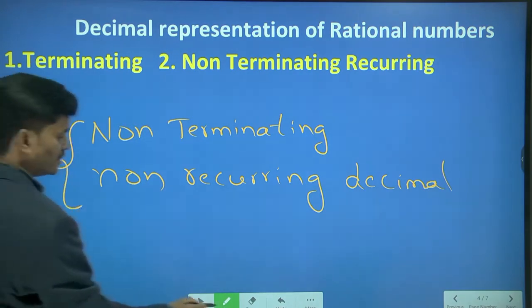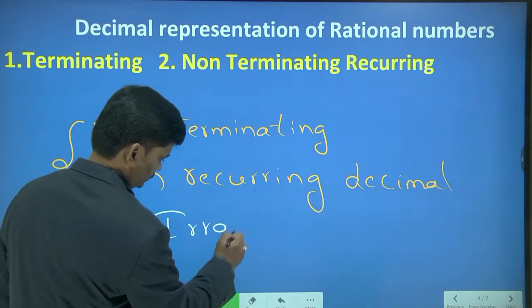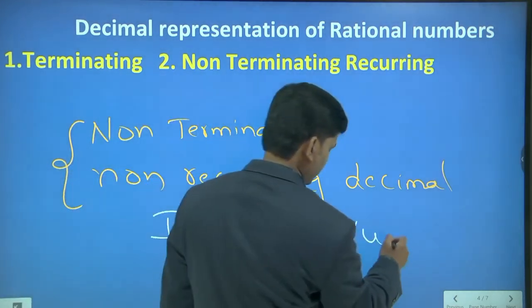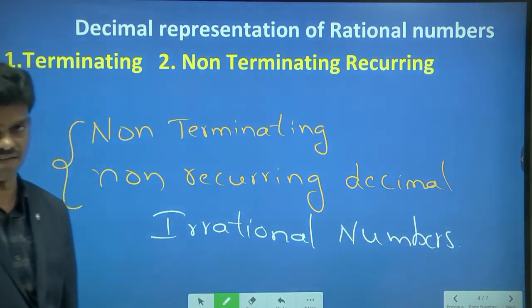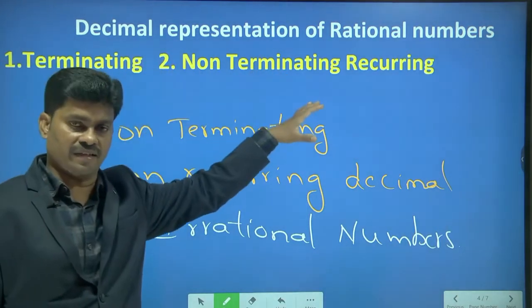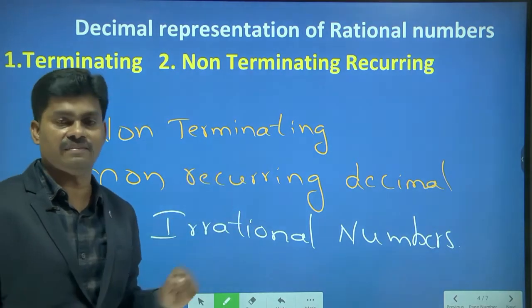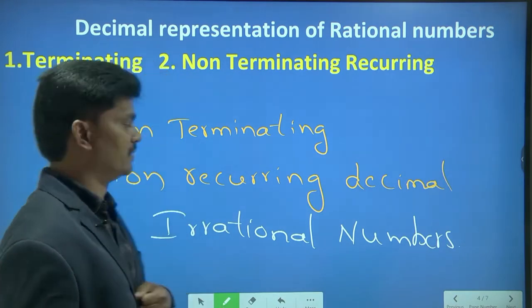You can call them irrational numbers, right? So this is another name or another definition for an irrational number. For a rational number, another definition is terminating and non-terminating recurring. For an irrational number, another definition in the form of decimal is non-terminating, non-recurring decimal.